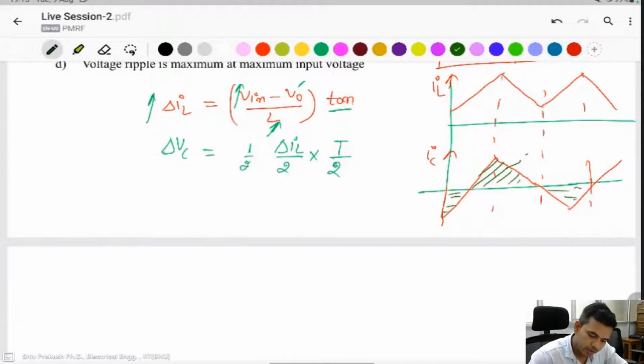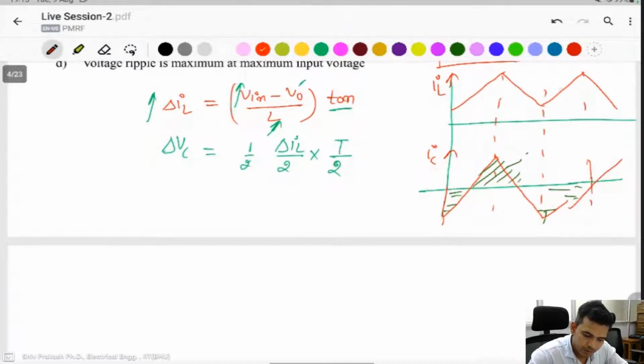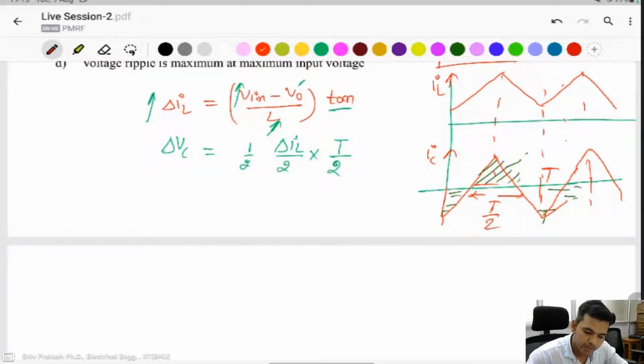The total time period is T, this time period is T by 2, and half is discharge and half is charge. That means the capacitor charge is balanced.